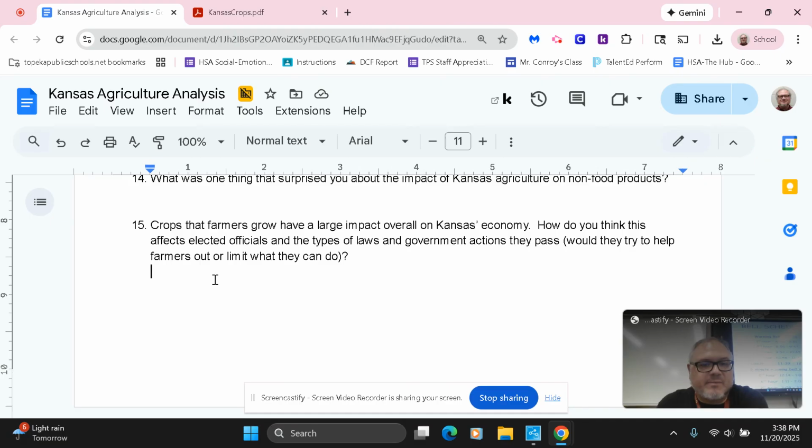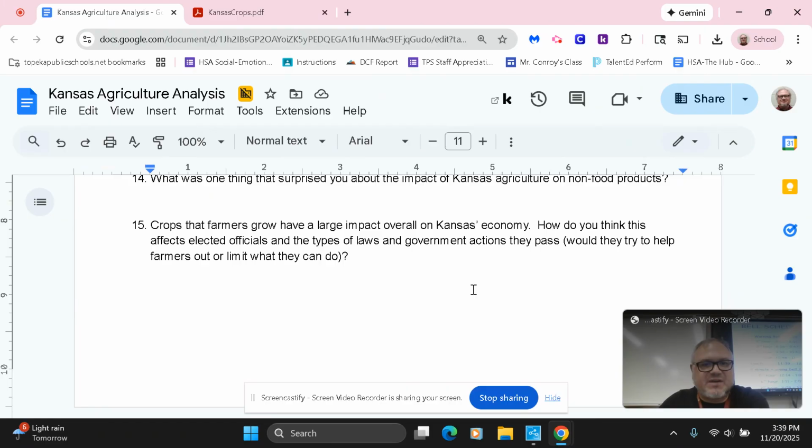Would they try to help farmers out or limit what they can do? Again, just think about, if you are looking at the perspective of people who are running for some kind of office, governor or something like that, how do you think they would treat farmers, thinking about their impact on Kansas's overall economy? So that's it as far as this assignment goes.